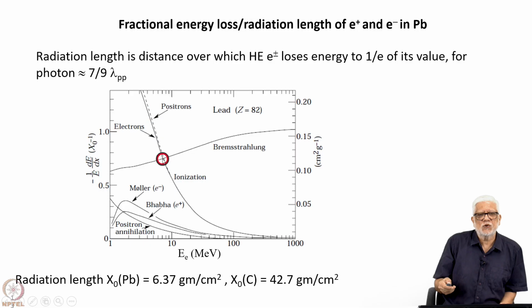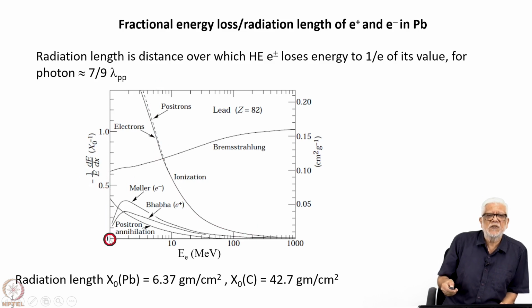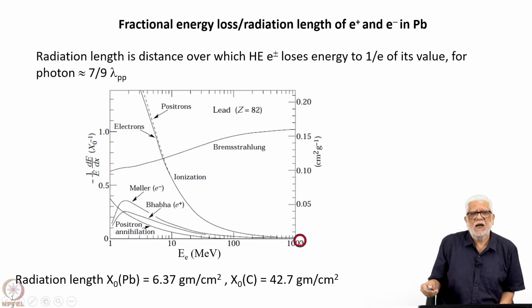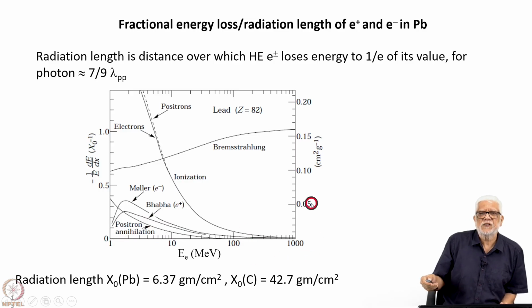For electrons and positrons, the dE by dx comes down with this 1 by E factor of course, and these are the contributions due to Moller scattering, Bhabha scattering for the case of positrons, and of course there is a small contribution due to positron annihilation as well. And so on this scale is the thickness. So as you can see in lead, Bremsstrahlung takes over after about 10 MeV of the electron energy.